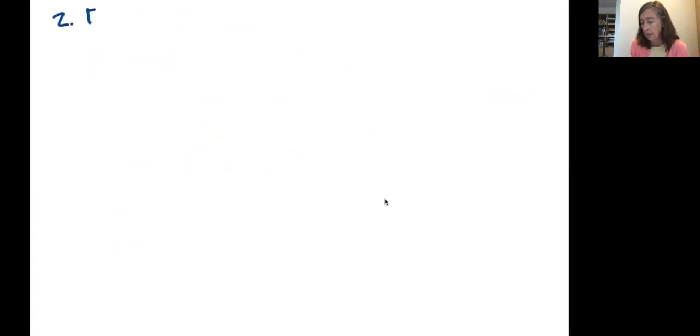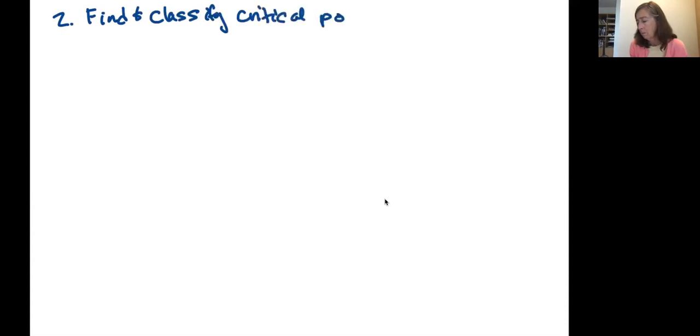Okay, so let's do another math book type problem here. Another one where we're going to find and classify critical points. But now the function I'm interested in is log of x plus 1 over x.